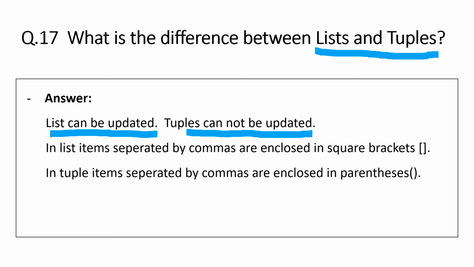We can't update the tuples. The second difference is in a list the items separated by commas are enclosed in square brackets, and in a tuple items separated by commas are enclosed in parentheses. So these are the two major differences between list and tuple.